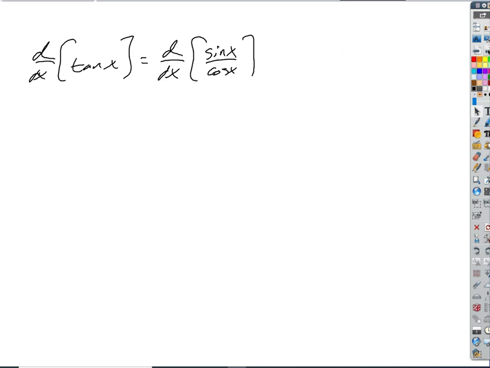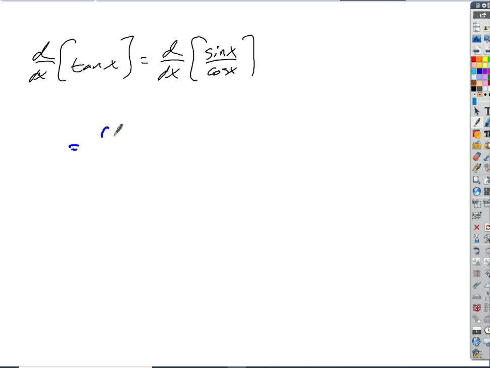Okay. All right, so let's find the derivative of tangent. We can do this because we can write tangent in terms of the base trig functions sine and cosine as a quotient and just use the quotient rule. All right, so what are we going to get? Cosine.